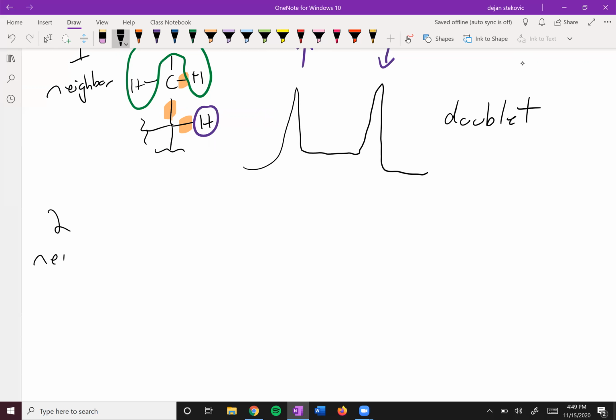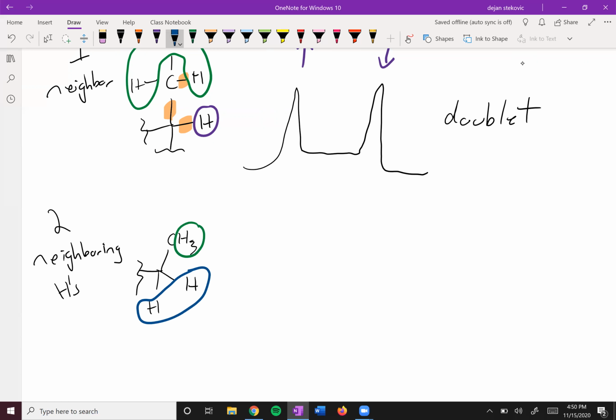What if we have 2 neighboring hydrogens? And so we have some kind of CH3 here, and now we have 2 H's on this carbon, right? So these 3 H's will be split by these 2 H's in blue. Make it purple, stay consistent. And so we can think about how these H's can be pointing up or down, right? They can either both be pointing up, they can both be pointing down, or one can be up, one can be down.